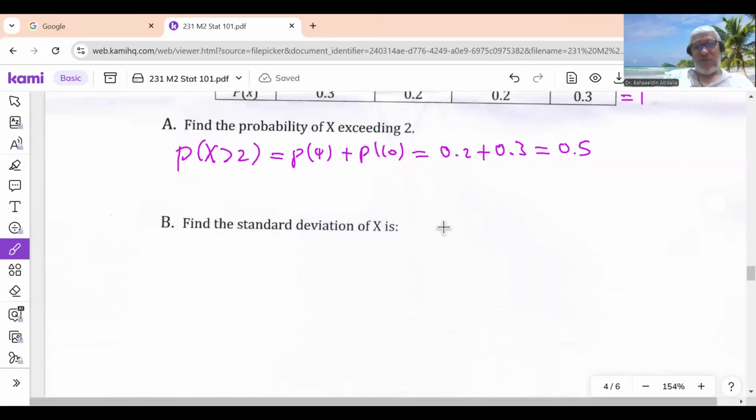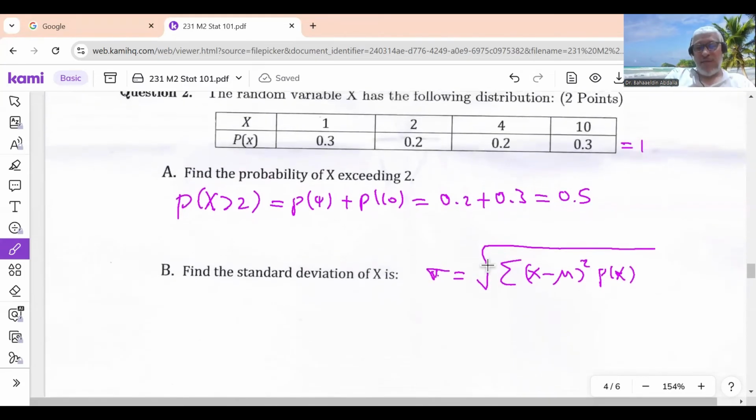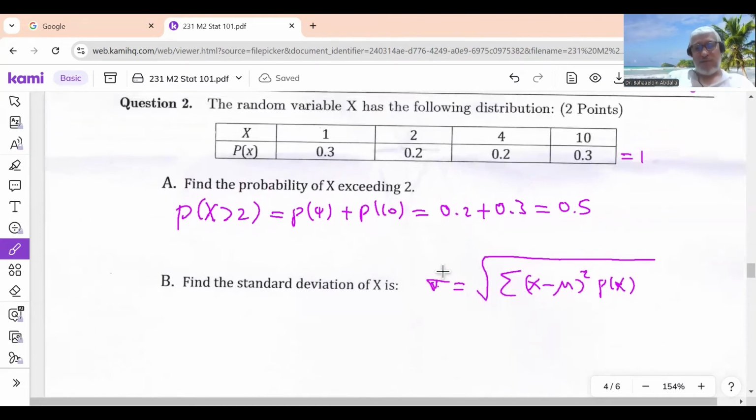Well, the standard deviation for the discrete distribution is the square root of the summation of (x minus mu) squared times the probability of x. This is the formula, and you can find the answer by the calculator. Go to stat mode, mode stat 3, and press 1, and you have the values of x.